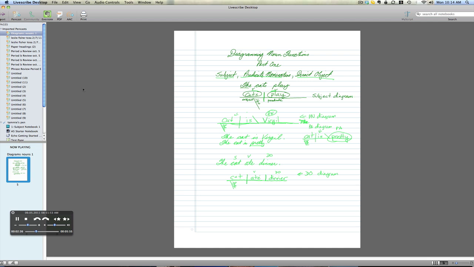Now let's take a look at the predicate nominative. We're going to start the same way with a straight line. And using my cat again, let's say that our sentence is, the cat is Virgil.